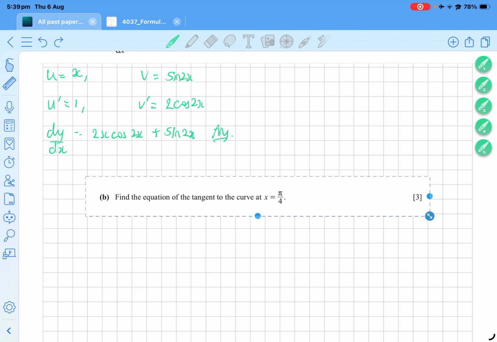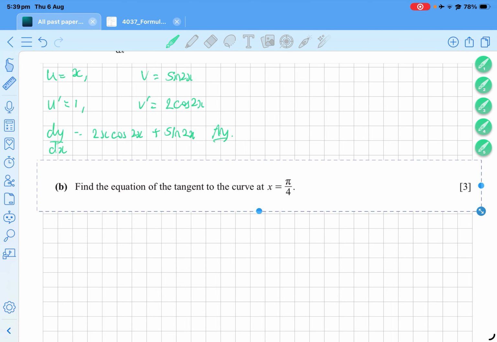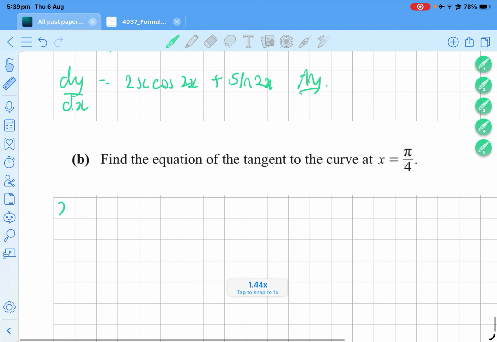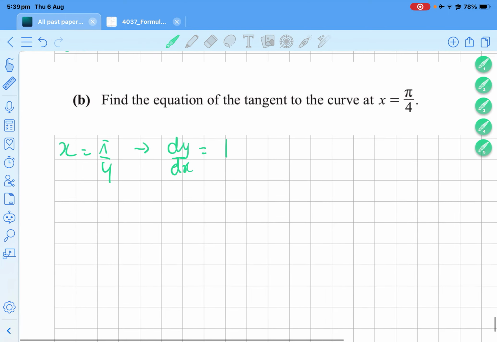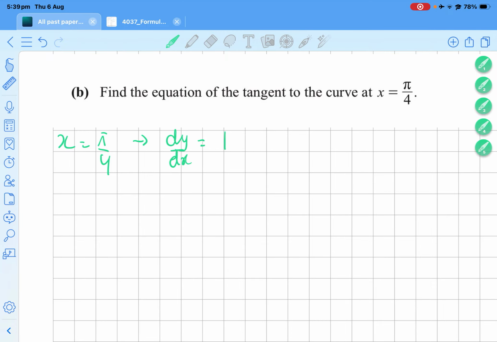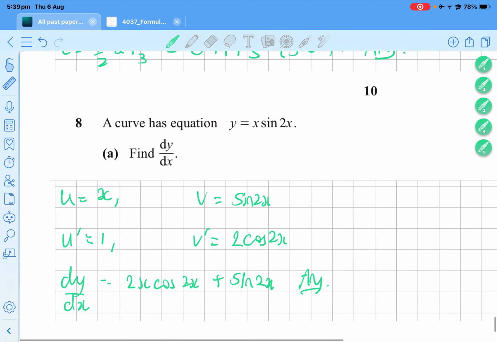Find the equation of the tangent to the curve at x equals pi by 4. So at x equals pi by 4, it's basically cos and sine of pi by 2. Cos of pi by 2 is 0, and sine of pi by 2 is 1. So dy by dx is just equal to 1. Then we need to find the value of y at x equals pi upon 4.